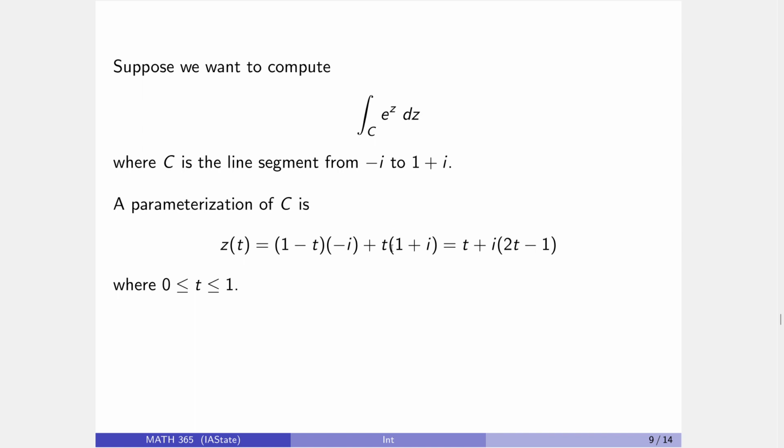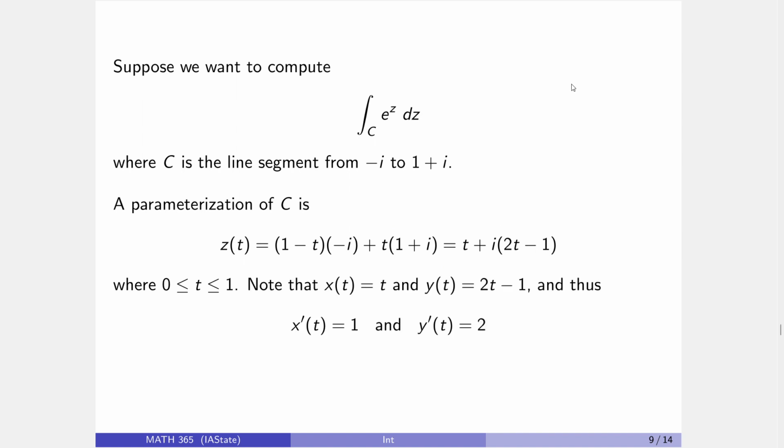But of course, we do want things to be written in terms of x plus i times y. So note in this case, x of t would be t, and y of t would be 2t minus 1. These need to be nice and smooth, so they have to have derivatives, and the derivatives are pretty easily seen here. They're 1 and 2. Nice and easy.